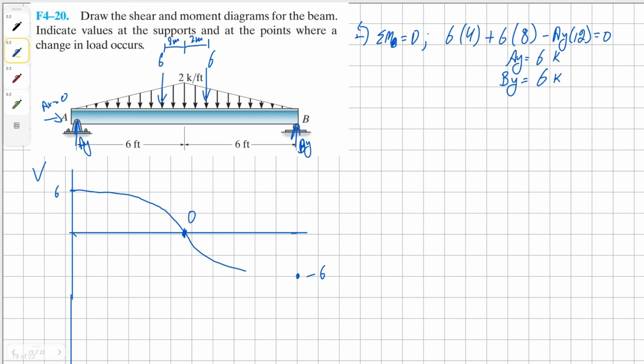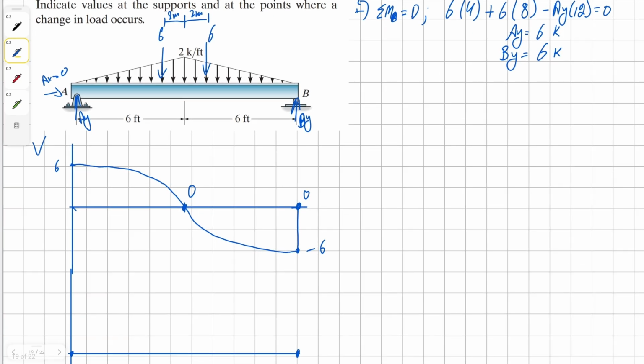Therefore, our curve is going to concave upwards. And then from BY, we're going to go 6k up, which will bring us back to 0 and confirms that our calculations were correct.